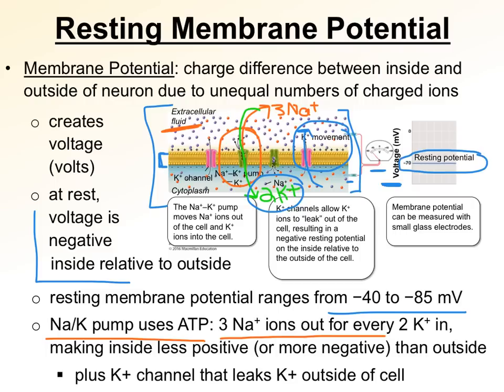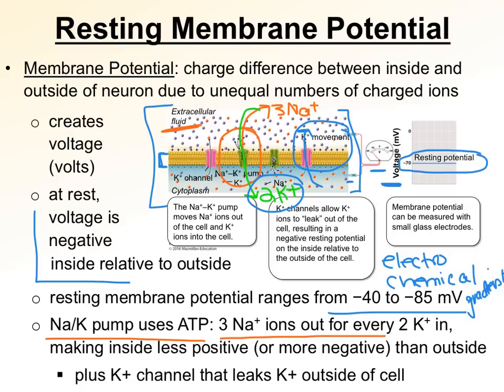What I don't talk about in this class is how this actually is a gradient that's more than just a chemical gradient. This is an electrochemical gradient. So it's both charge-based and chemical-based. The chemicals would be the sodium and the potassium. The electro would be the charge that comes with them. So you have to think about equilibrium in terms of both ions as well as charge.